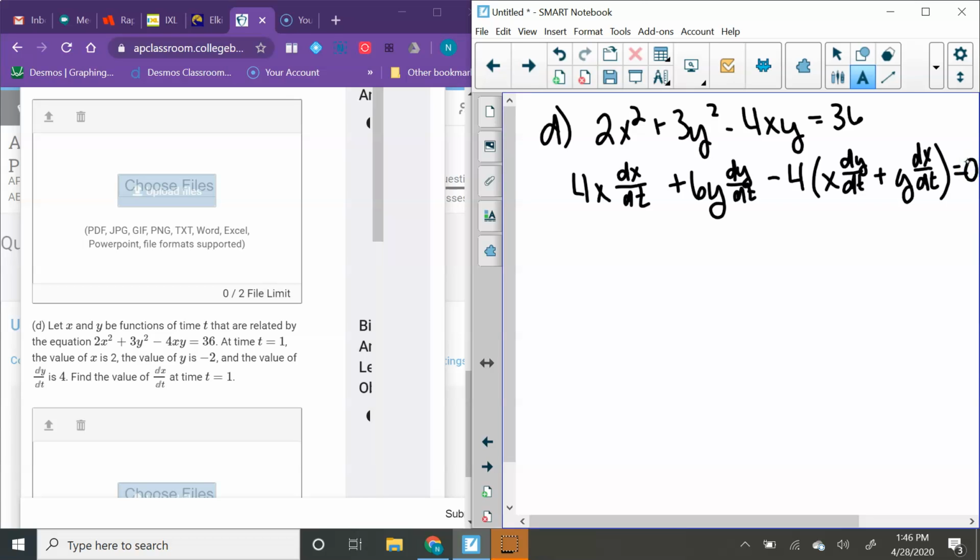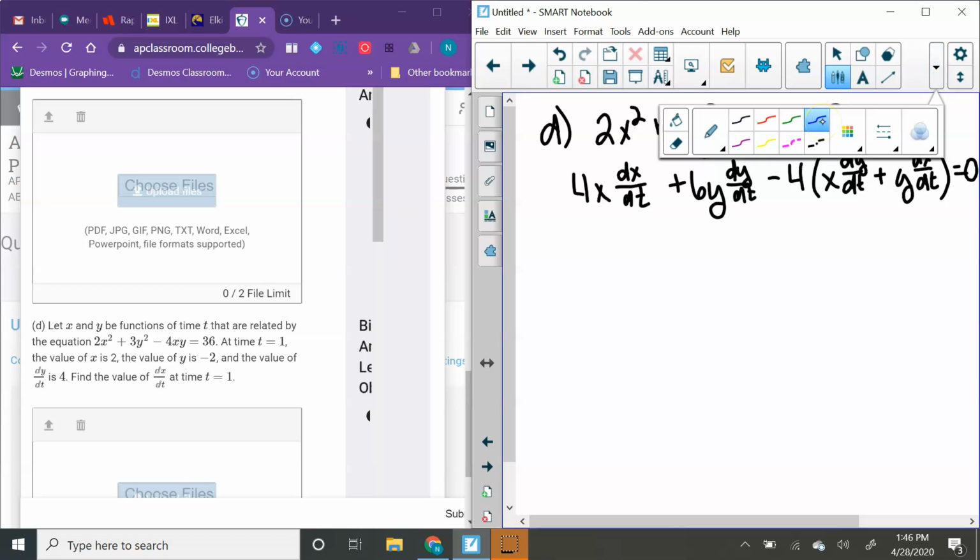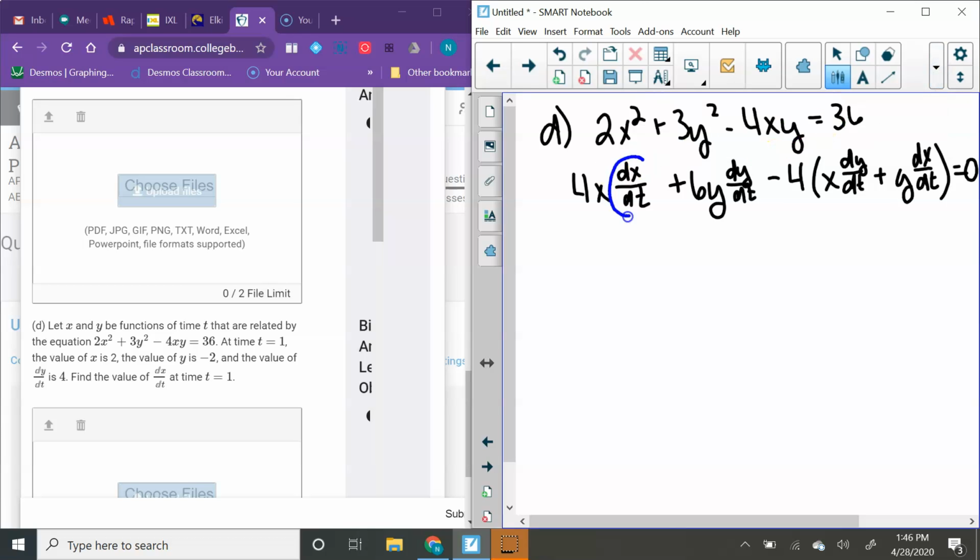Okay, and then the problem gives you a lot of information. You are looking for dx/dt, which is right here, and also right here, and that is what you're looking for. The good news is they gave you every other piece that's in this equation.